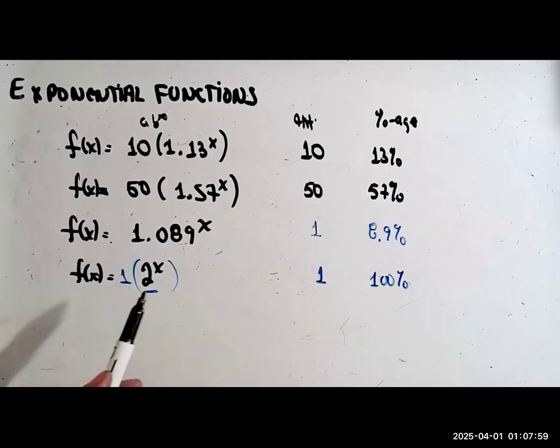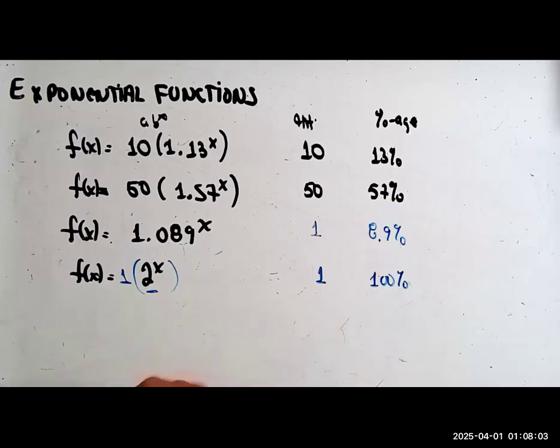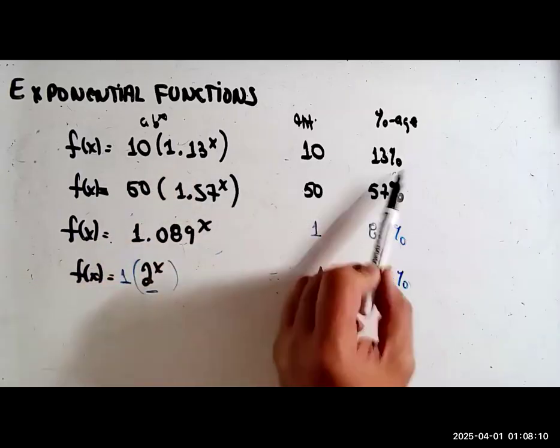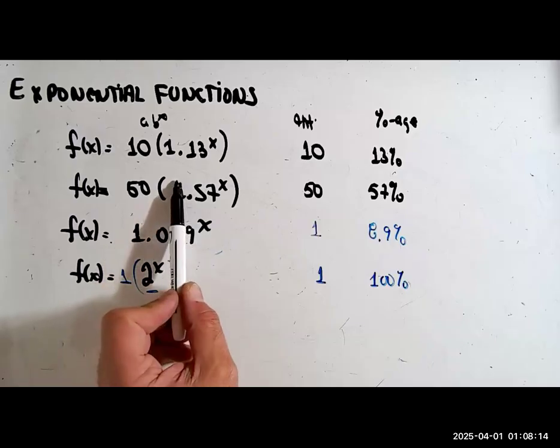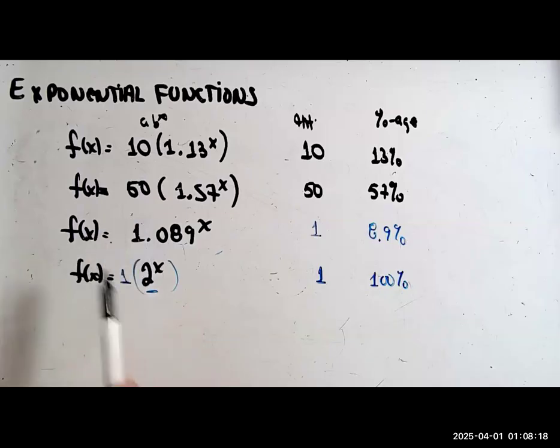And probably you already figured out that the percentage is everything above 1. So the base minus 1: 0.13, so 13%. The base minus 1: 57%. The base minus 1: 8.9%. The base 2 minus 1 is 1, so it's 100%.